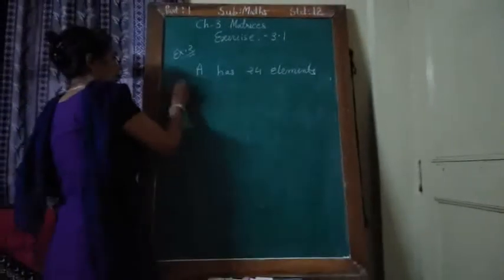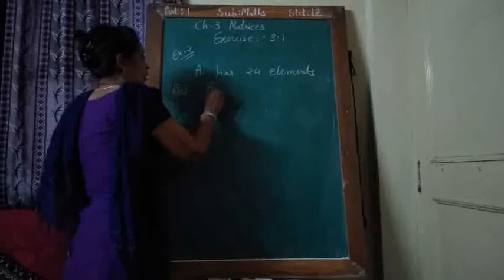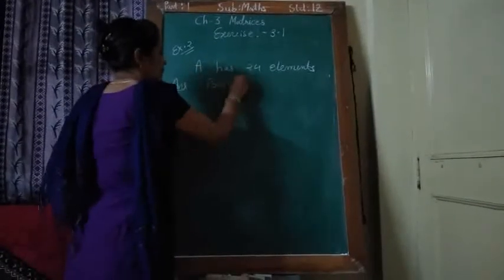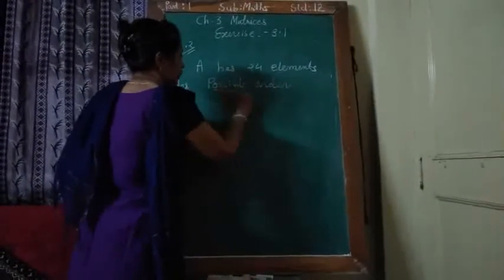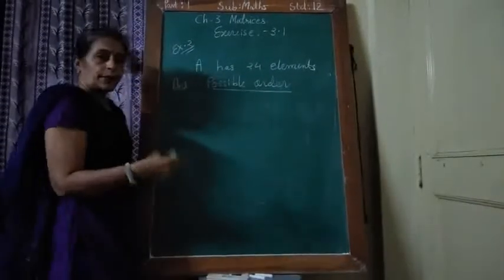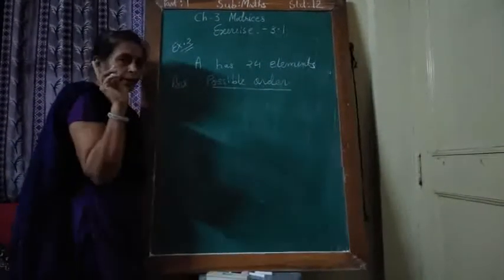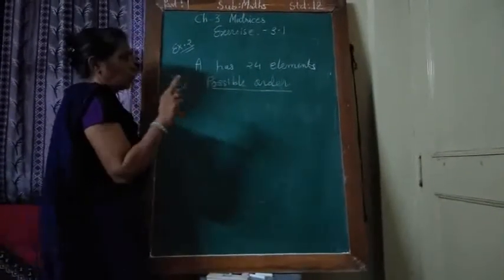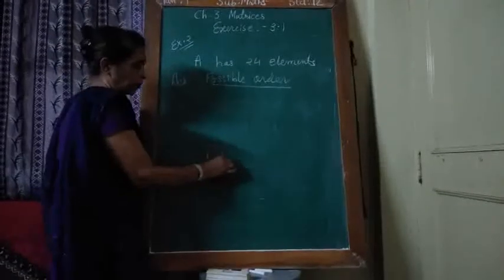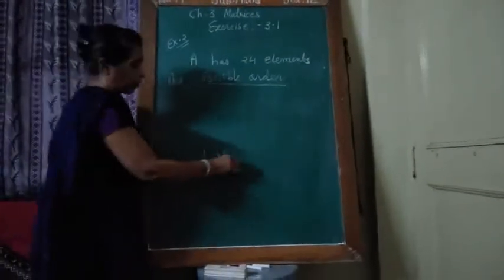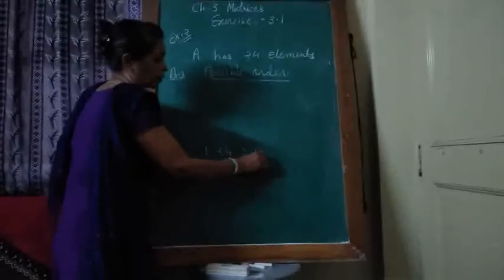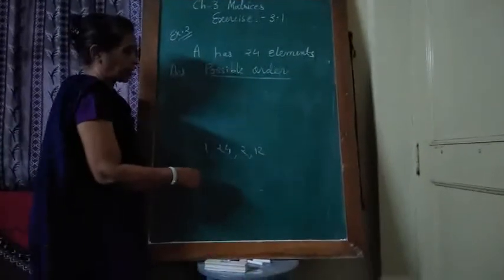So here you have to write the possible orders. I have already explained this. 24 can be formed using the factors of 24. 1 and 24 are both factors, because 24 ones are 24. 2 twelves are 24, so 2 and 12 are factors of 24.